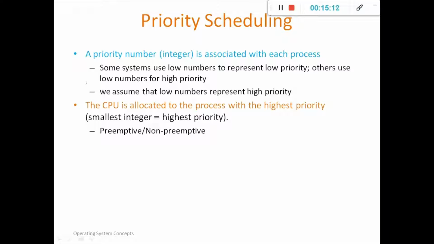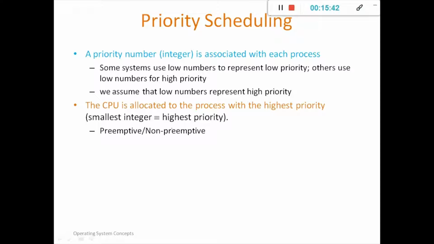Now let us assume that a lower number represents high priority. As far as priority is concerned, the CPU will be allocated to the process which has the highest priority. Preemption occurs when, for example, a process is getting executed and in the meanwhile another process enters the ready queue whose priority is higher than the currently running process.